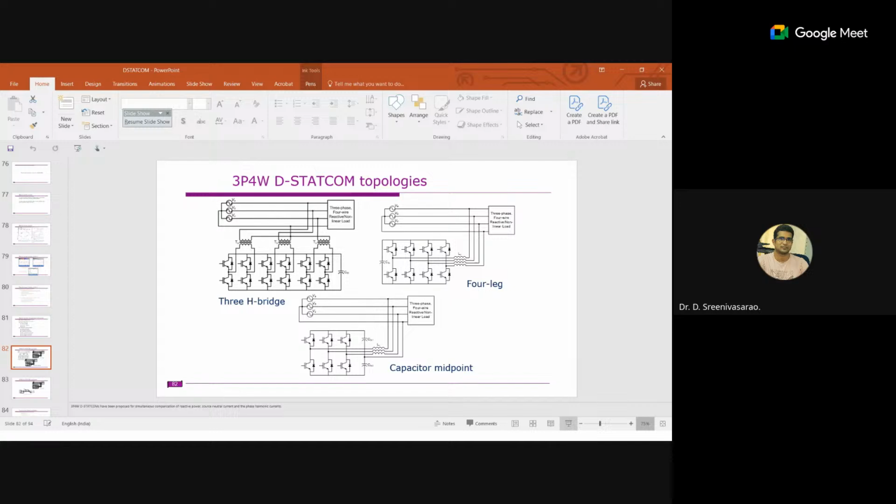So for low current levels or low voltage systems, the split capacitor or capacitor midpoint may be a good solution. But for high power cases, the four-leg gives you the best performance. For example, if a large neutral current is there, the 4-leg topology can withstand the large current, so four-leg is the best option.